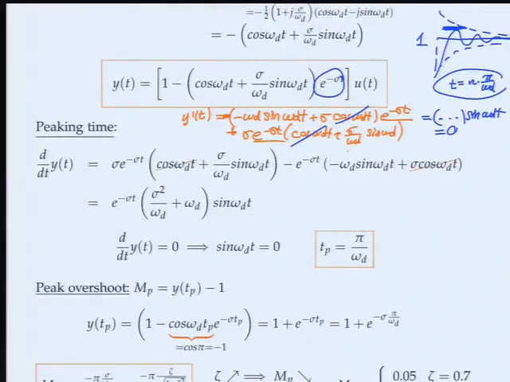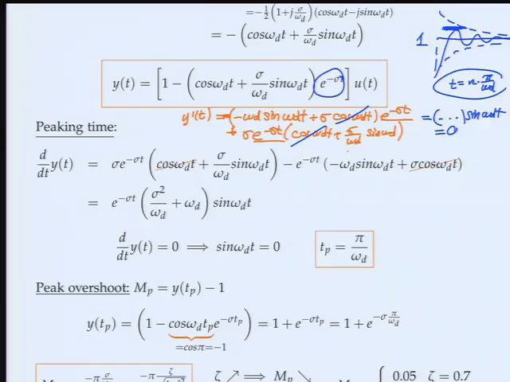So how do I find the peak overshoot? I have to substitute t equals Tp, the peak time, and see how much above 1 that is. And that's the overshoot. Right? So if I take pi over omega d, substitute it in this boxed expression for y of t at the end, clearly sine will drop out because t is the time when sine is 0, right?